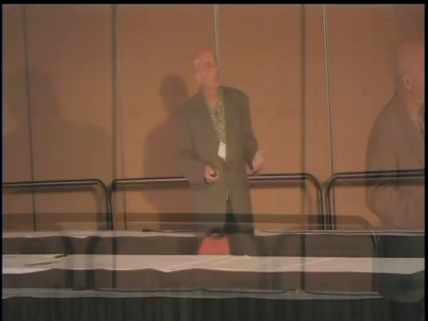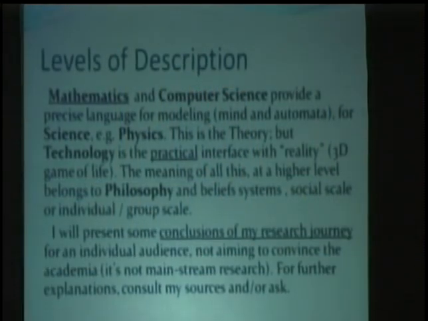So first, a general remark regarding our description of reality. We do mathematics, and what mathematics is for the brain, I would say it's computer science for computers. And we design first a language, for example, for programming computers: Fortran, C++, and so on, Java.